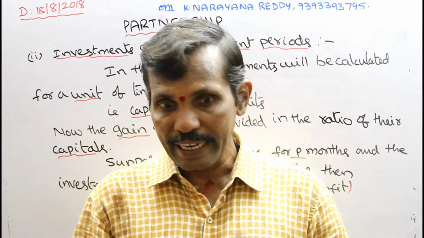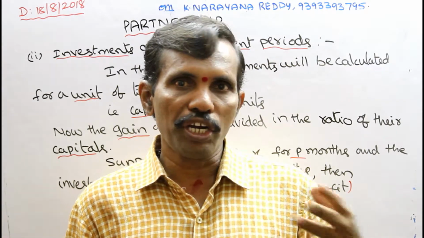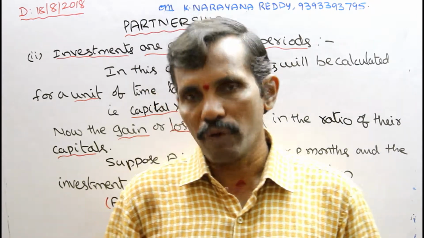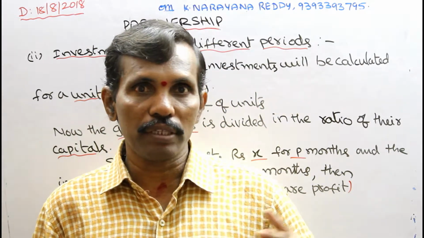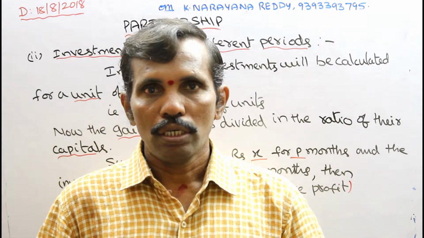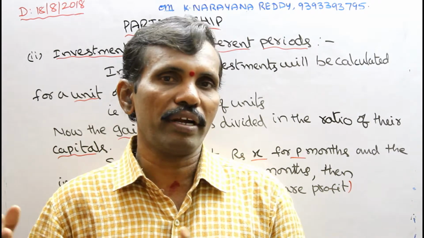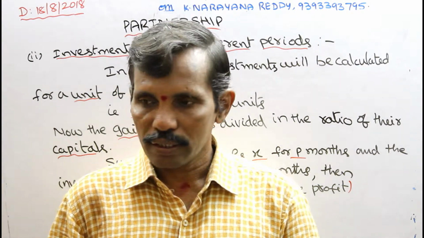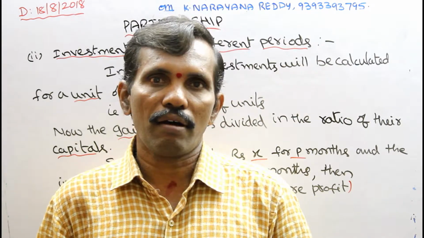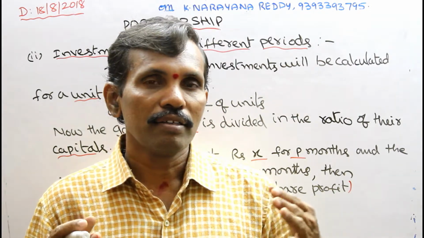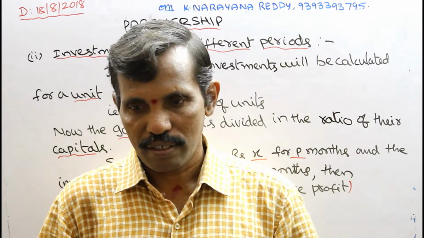Suppose A invests in January, B joins A in February, and C joins A and B in March. In this way investments are different in different months, but at the end of the year the gain or loss is distributed depending on the ratio of investments.